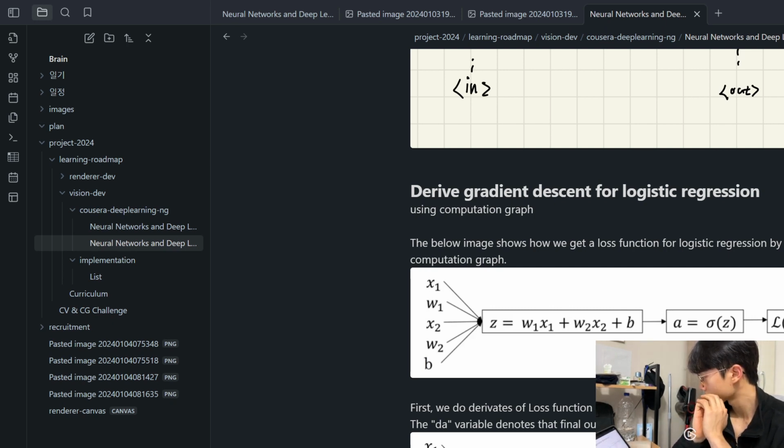Plus 1 minus y over 1 minus a. And the way you do that is you take the formula for the loss, and if you use calculus, you can compute the derivative with respect to the variable lowercase a, and you get this formula. But if you're not familiar with calculus, don't worry about it. I'll provide the derivative formulas you need throughout this course.